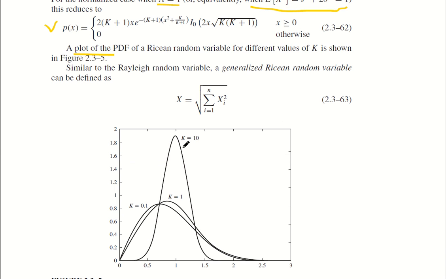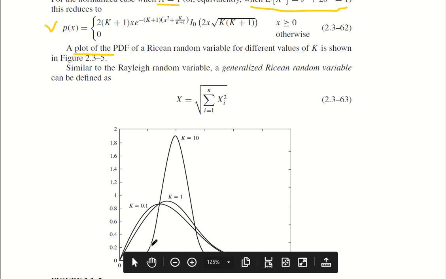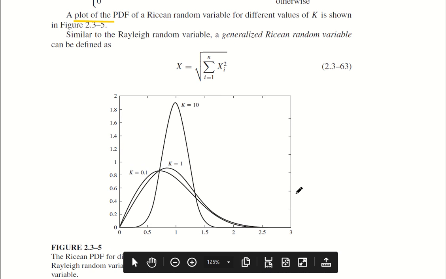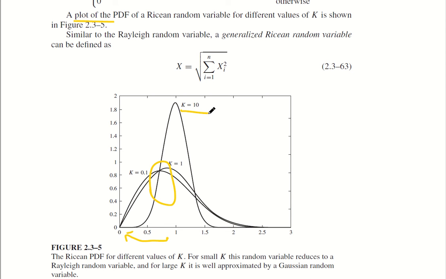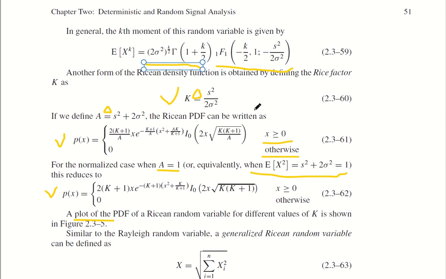If you have k smaller, it is distributed closer to 0. If you have k larger, then it is more centered and more concentrated. For example, k equal to 10 is more concentrated. So that's the Rice factor.